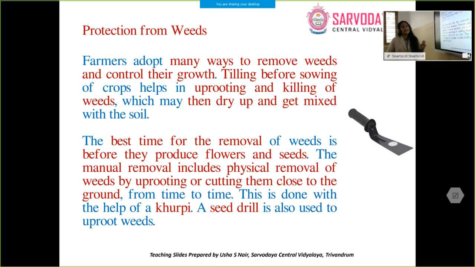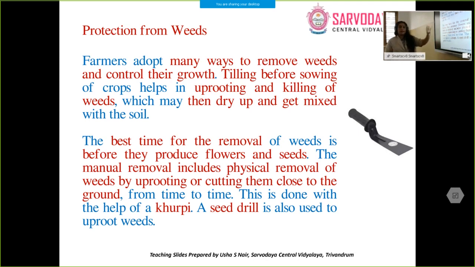Then I said they do it manually or physically, by uprooting or cutting them close to the ground with the help of a tool called kurpi. Next, a seed drill is used to uproot the weeds. I hope you have understood this much.